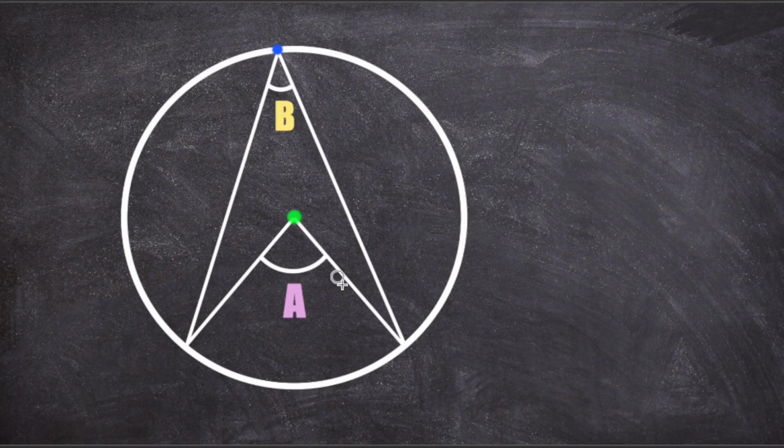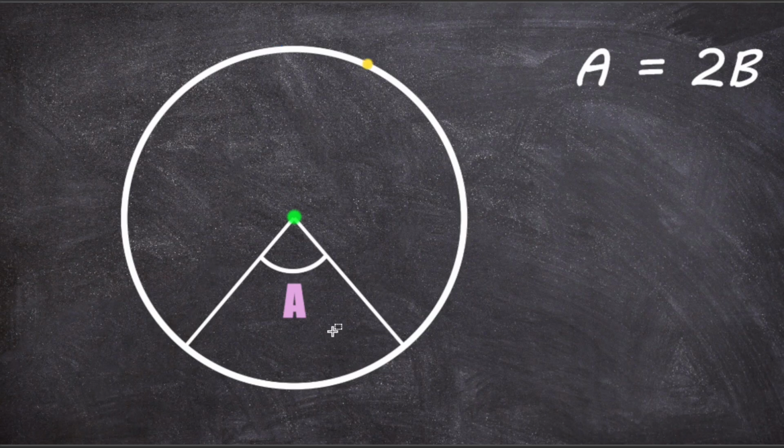Now, according to the circle theorem, the angle at center is double the angle at the edge. And that means that A equals 2B. Now let's repeat this process for a different point on the circumference. We have the angle A. We can draw two straight lines, each going to the end of one radius touching the circumference.